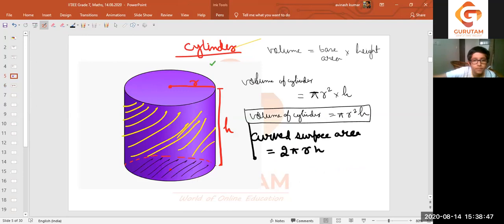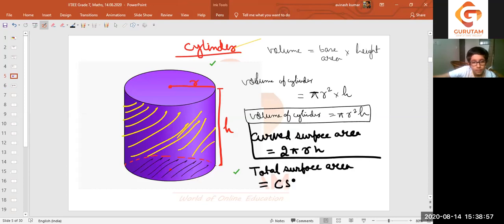Now, if I want to find the total surface area, I told you, CSA plus add the top and bottom. So CSA is 2 pi r h. What is the top?